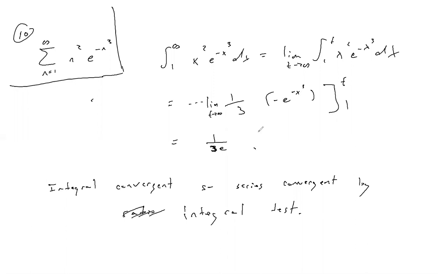So again, check me on that. That means this integral is convergent. So my series should be convergent by the integral test. Again, let me know if I'm wrong on that, but as long as this integral is convergent, our series is convergent. They're not going to converge to the same number, but they'll both be convergent.